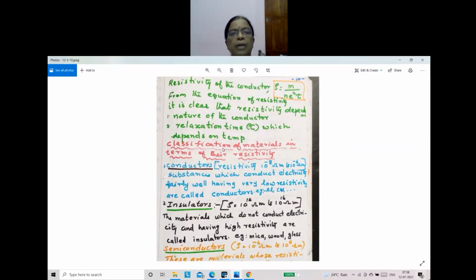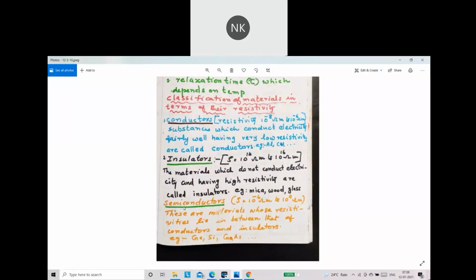Resistance more, resistivity also will be more. So, depending on resistivity, materials are classified into different groups: conductors, insulators, semiconductors.